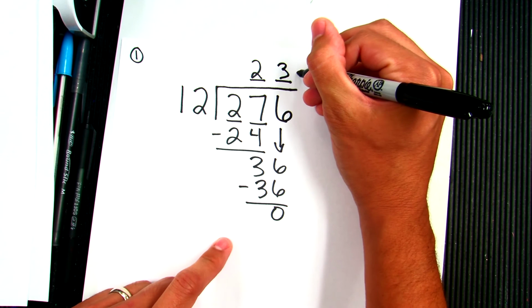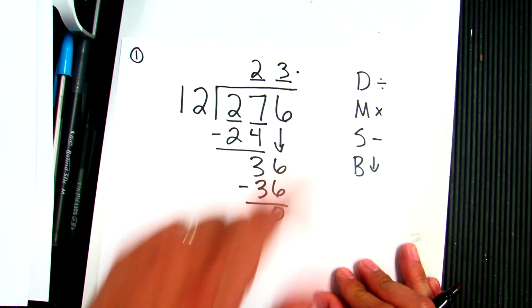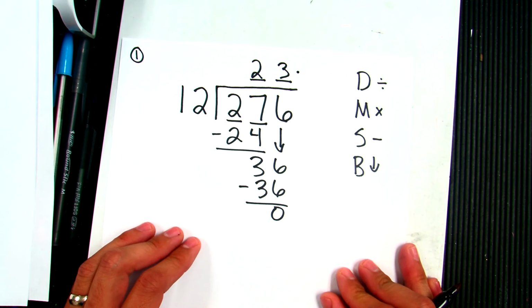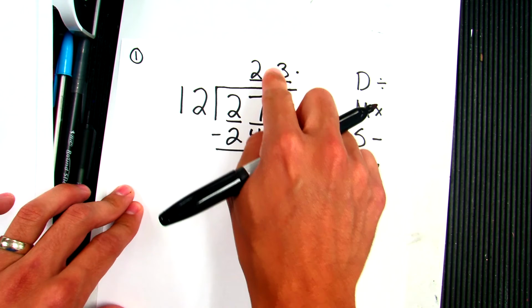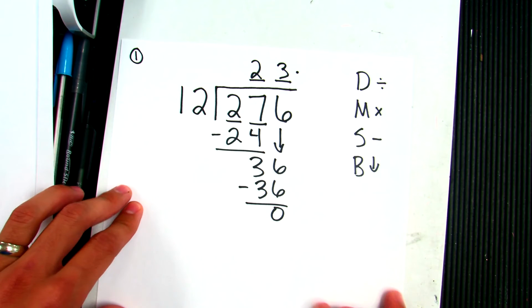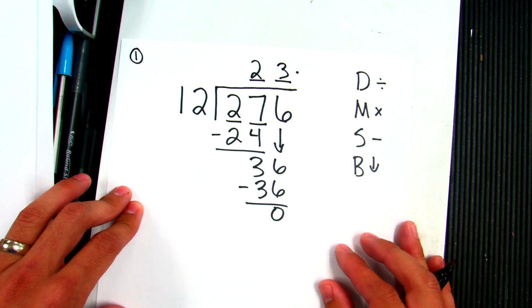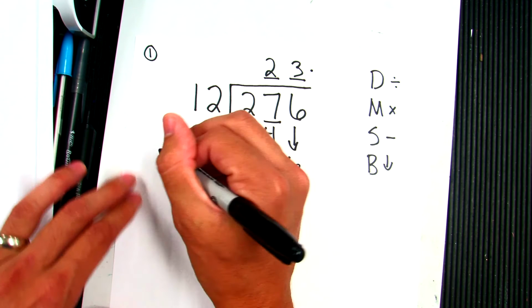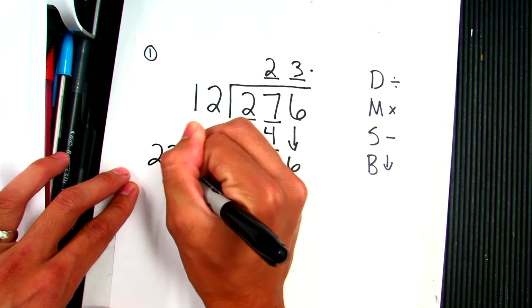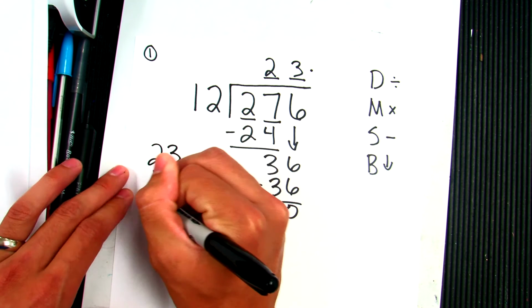My answer is 23. Okay, some of the things that students should do to check their answer is multiply their quotient by their divisor to see if their dividend is their product. That will ensure that they got the answer right. So to check my answer, 23 times 12. You can also do 12 times 23.